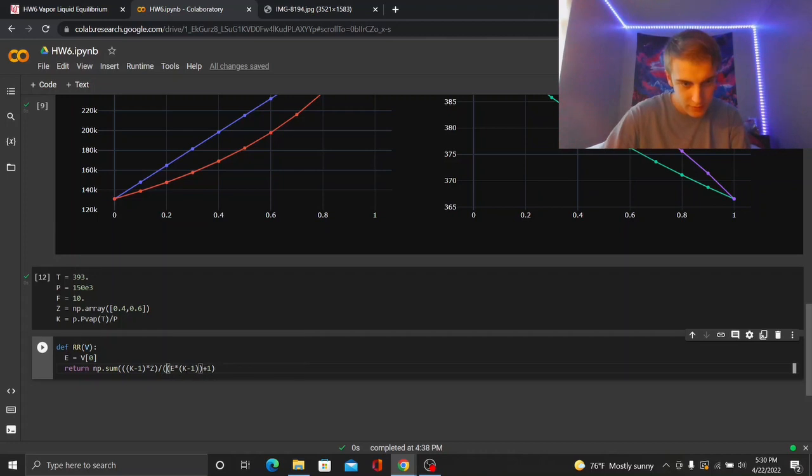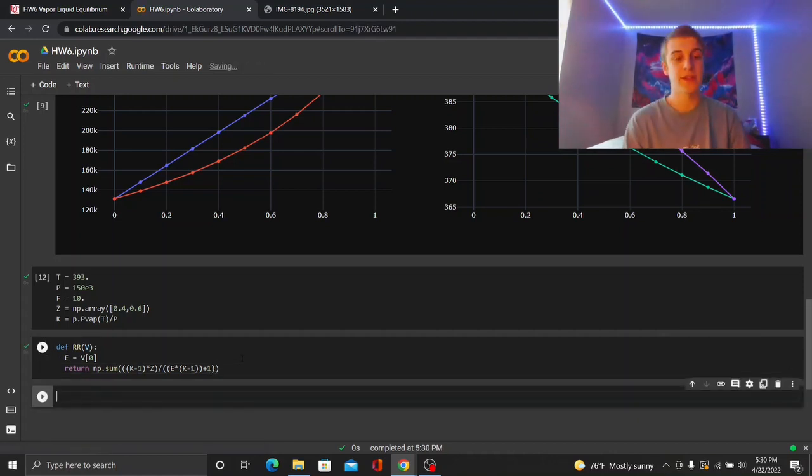And this all needs to be in parentheses. There we go. So this is going to end up being the function that we will be using our root solver on.